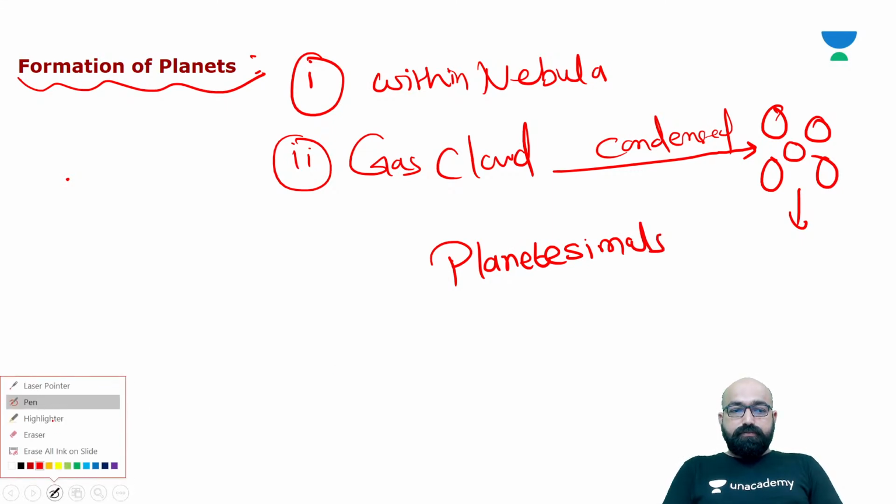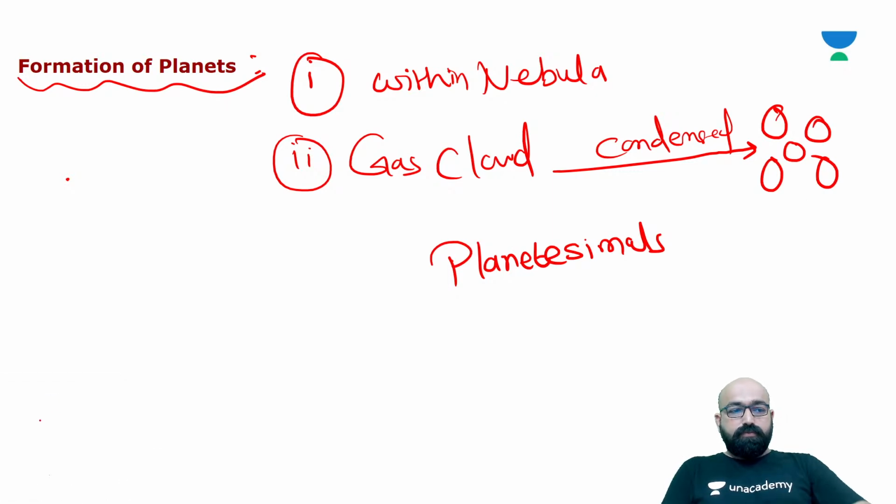These small rounded objects, by the process of cohesion, develop into planetesimals.